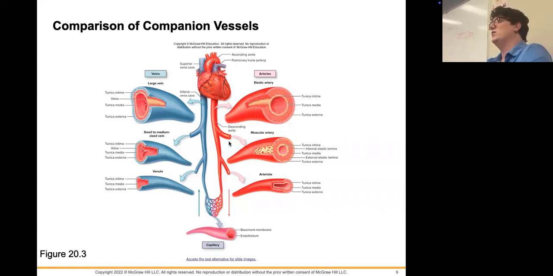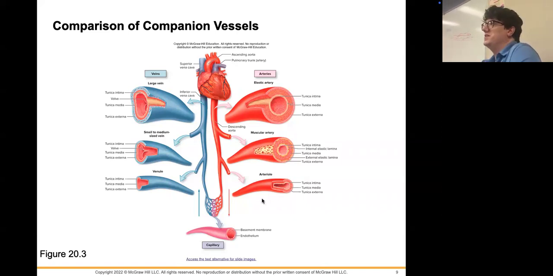Now, as we get a little further away, we get into our muscular arteries. This is where we get those nice distinct bands of internal and external elastic sheaths, or elastic laminas. These we can start to open or close to allow blood to get to particular areas of the body or prevent blood from getting to particular areas of the body. And then finally, we get down to arterioles.